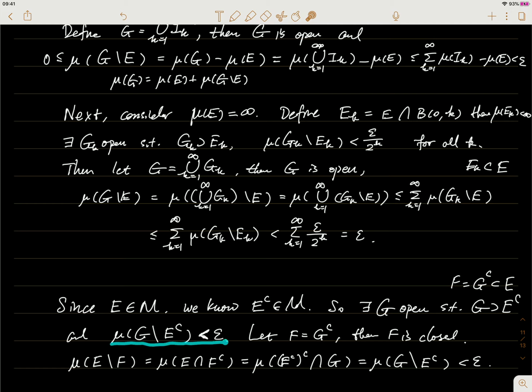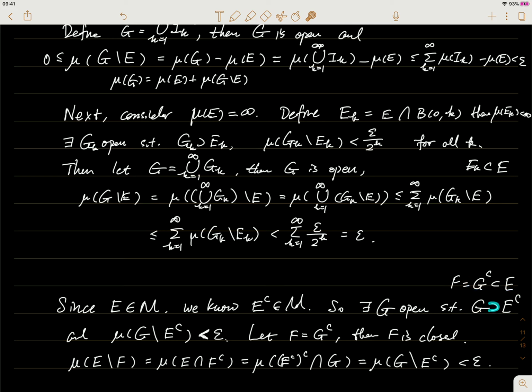And now we can just define my closed set F to be the complement of G. Since G is open, F is closed. So F is closed, and I can take a look at the difference of E and F. So first of all, because this G includes the E complement, if I apply the complement on both sides, I'll get the G complement included in E, right?